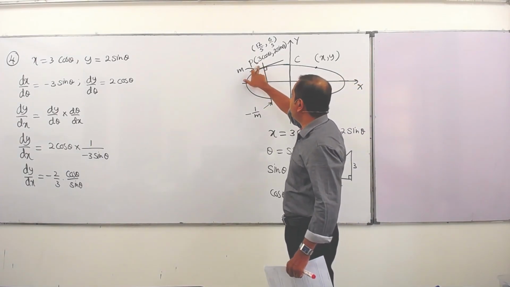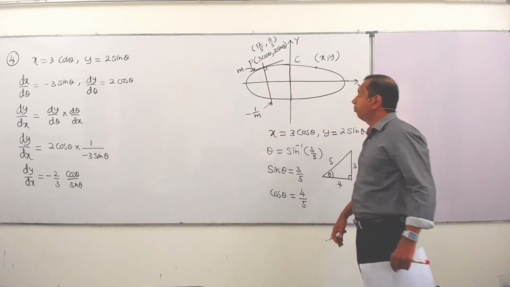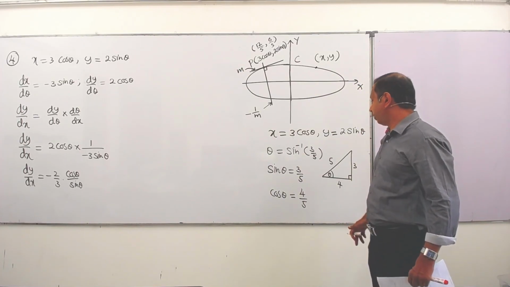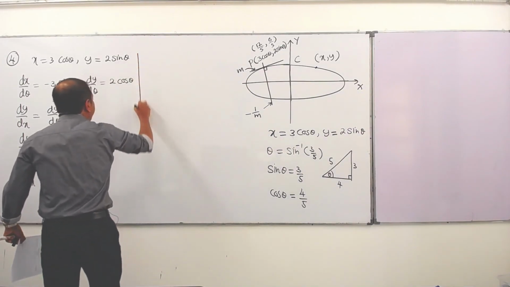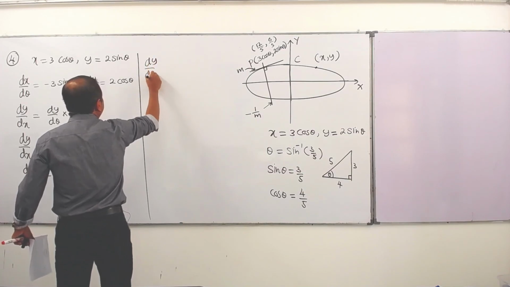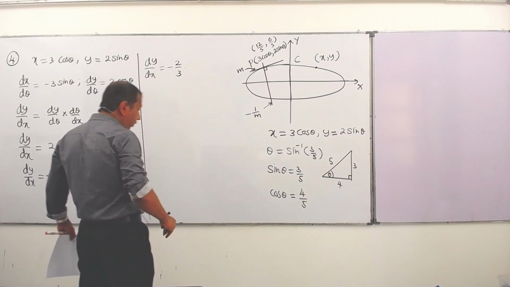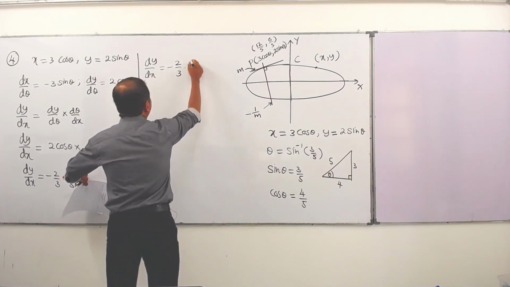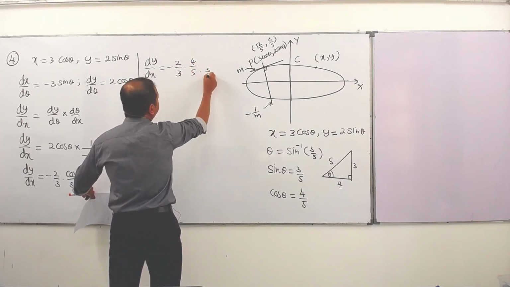At the point P, to find the gradient, we put the values there. dy by dx at that point is minus 2/3, where cos theta is 4 by 5 and sin theta is 3 by 5.